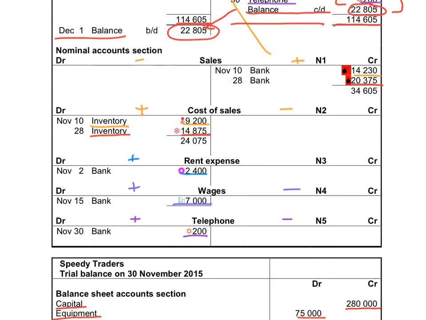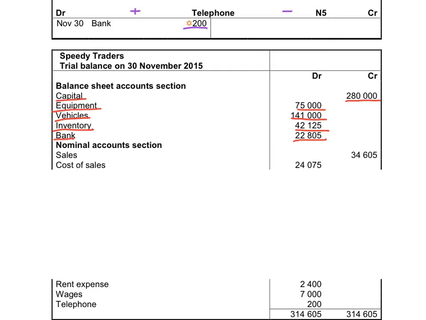Sales will be added up, and that will give us a balance of 34,605. Because it's on the credit side, we will show it on the credit side of the trial balance. And we will indicate that the balance is 34,605. All the other accounts are expense accounts, so therefore all their balances will appear on the debit side of the trial balance.